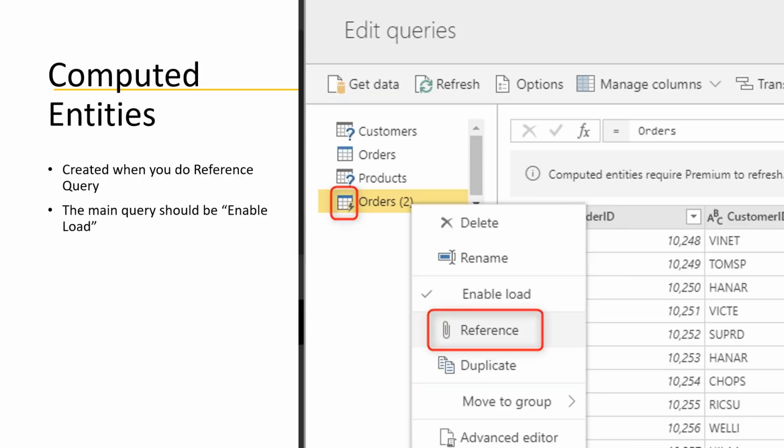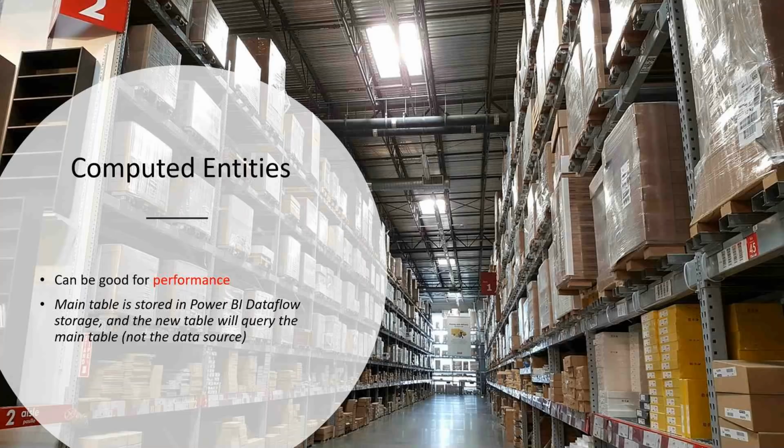What is the process? If you do that, it's actually good for performance as well, because it will load the first query's output in Azure Data Lake first. Then the second step is getting data from that output of the first one and storing it as a new Azure Data Lake entity.